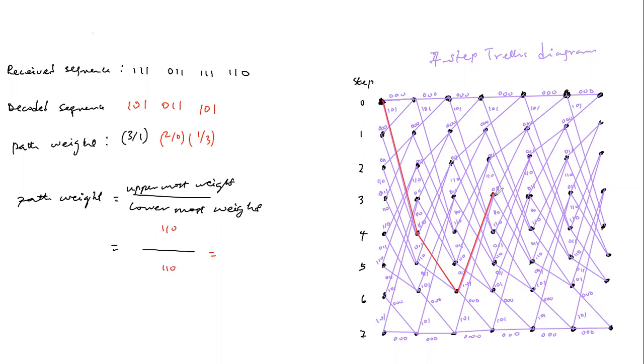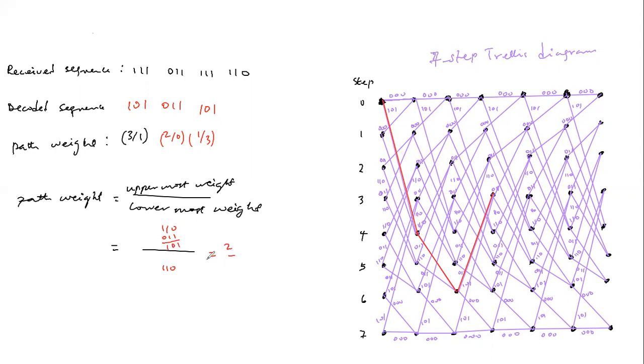From step 3, we can either move to step 1 or we move to step 5. And to step 1, the weight is 0 1 1, and here the weight is 1 0 1, that is 2 over.